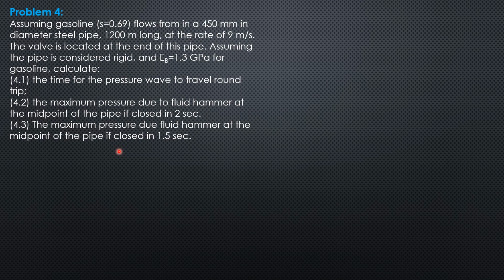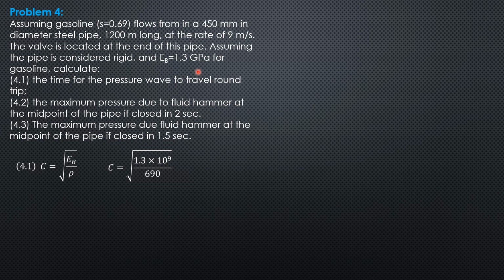So first, let's compute the celerity, because the time for the pressure wave to travel round trip is 2L over C. C is the square root of E sub B over density only, because the pipe is considered rigid. So the square root of 1.3 times 10 to the 9 over 690 kilograms per cubic meter, the density of gasoline.